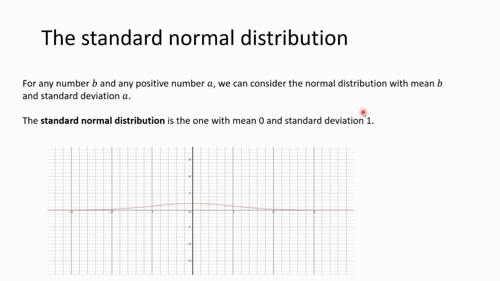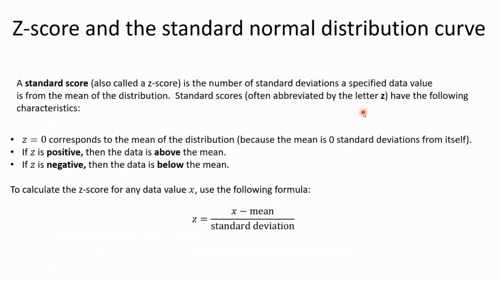And now this is actually the most important one, the one that people generally deal with. And how do people generally deal with it? They use the idea of standard scores, also called z-scores.